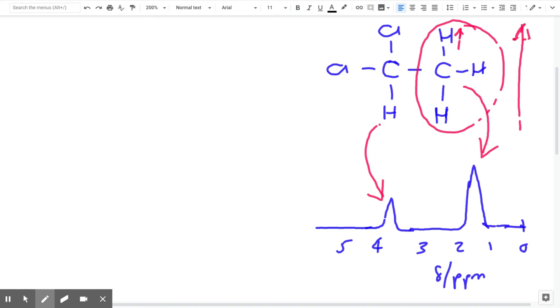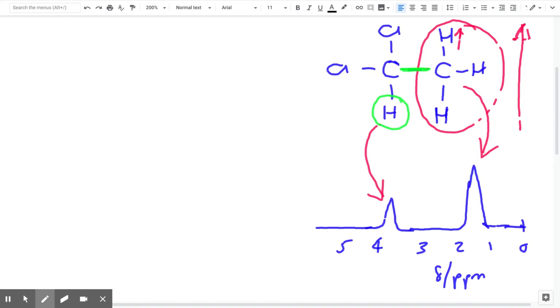That magnetic field, though, is affected not only by the external magnetic field and the magnetic field generated by the protons you're actually looking at, but also slightly by the magnetic field of an adjacent proton. That's the key thing: it is an adjacent proton. We don't look at anything further away than one carbon.